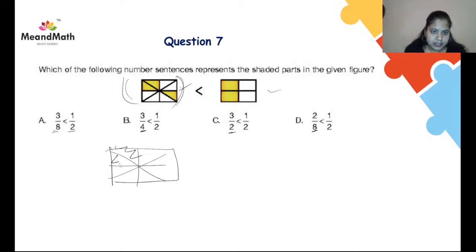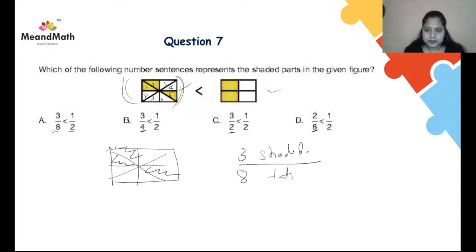This is shaded, this is shaded, and this is shaded. So there are 1, 2, 3 shaded parts, right? Which is clearly the numerator. So we'll check how many total parts there are. 1, 2, 3, 4, 5, 6, 7, 8. We have 8 total parts here.